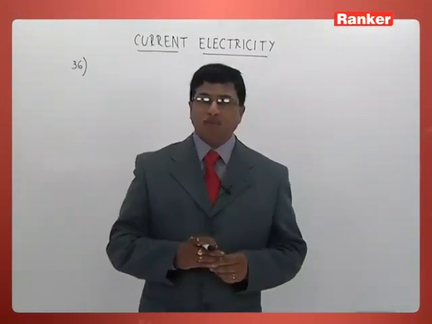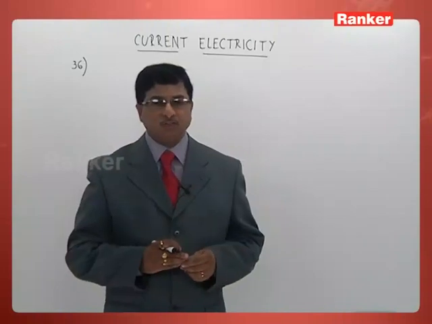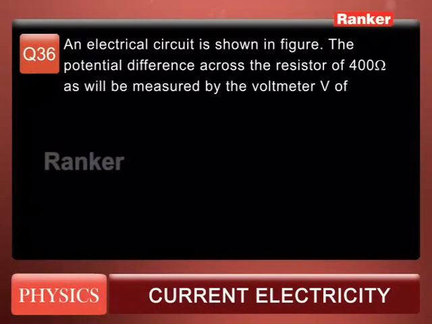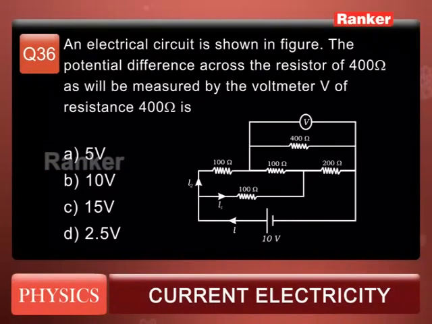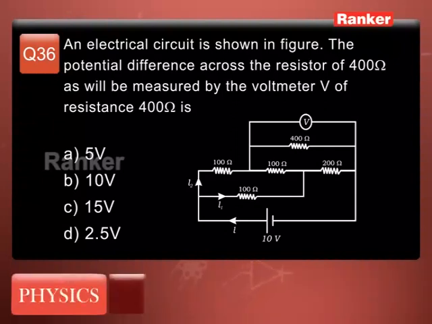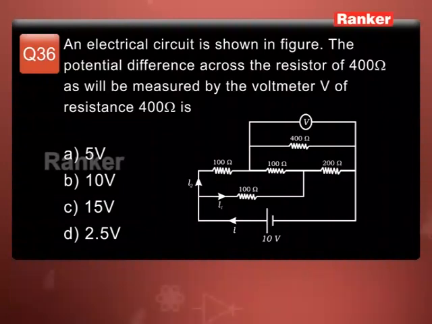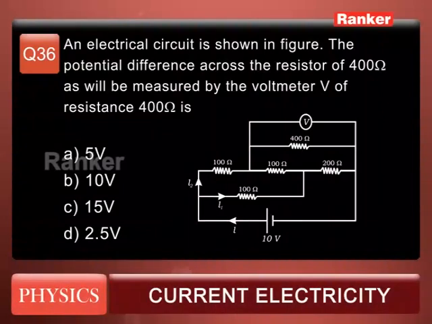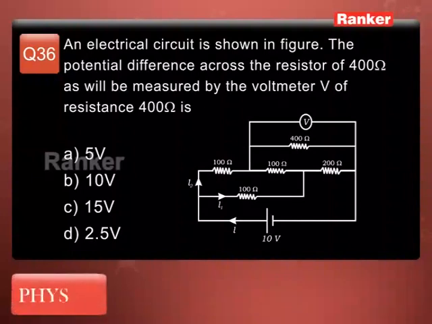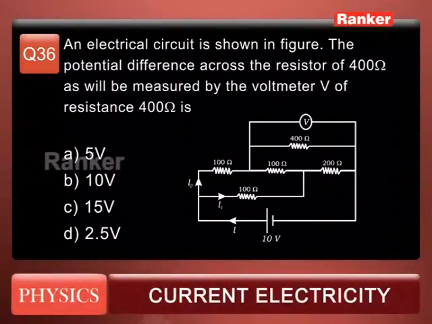Next problem is problem number 36. It is also one of the interesting models. An electrical circuit is shown in the figure. The potential difference across a resistor of 400 ohm as will be measured by the voltmeter of resistance 400 ohm is how much?